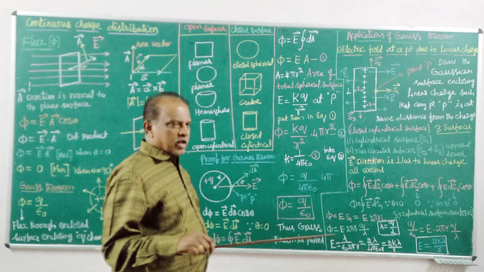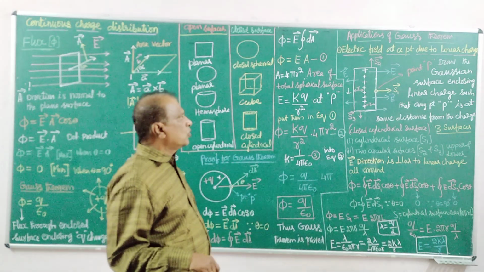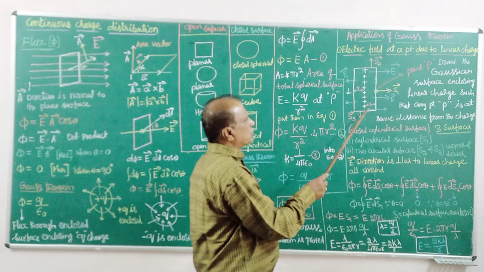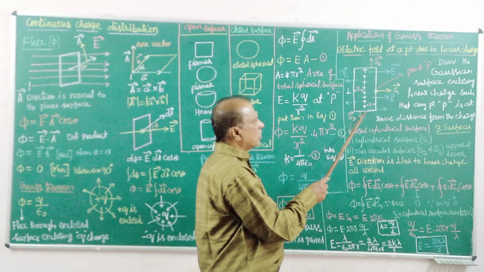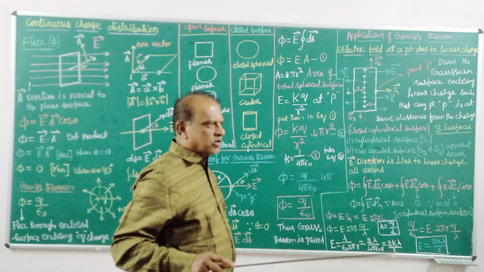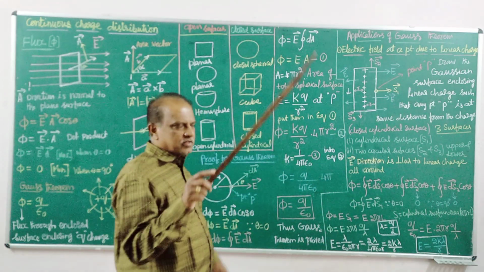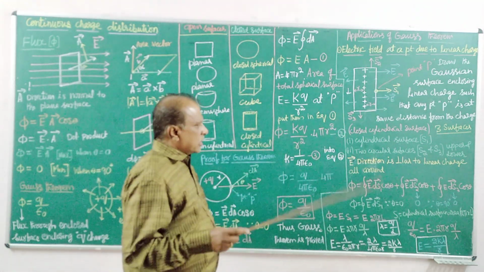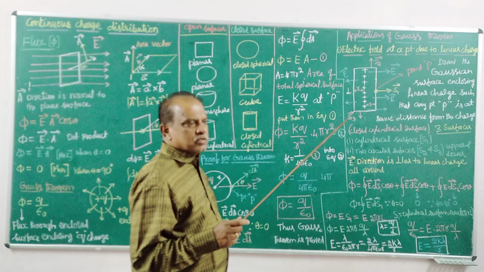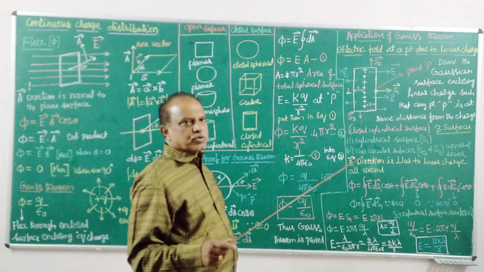Electric field at any point due to a linear charge distribution like this, or electric field at any point due to a surface charge distribution, that is surface area, and also electric field at any point due to a volume charge distribution.